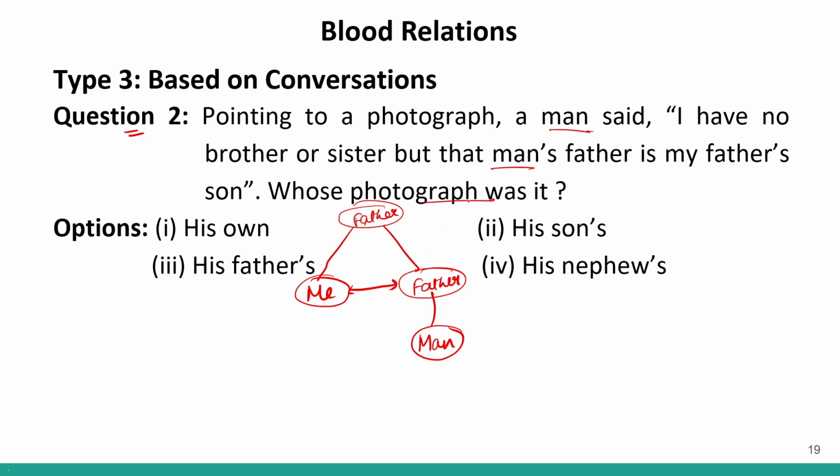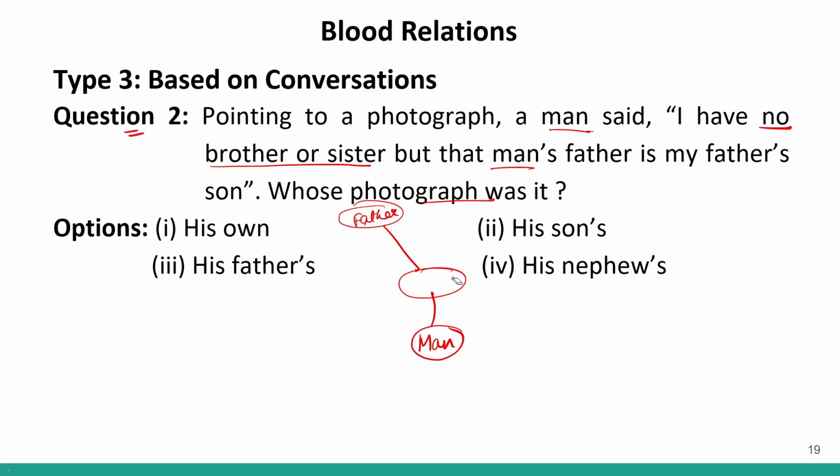So whose photograph could it be? It could be his son's photograph. Since the person has no brothers or sisters, this person is the same person. He does not have a brother or sister. So it would be like this.